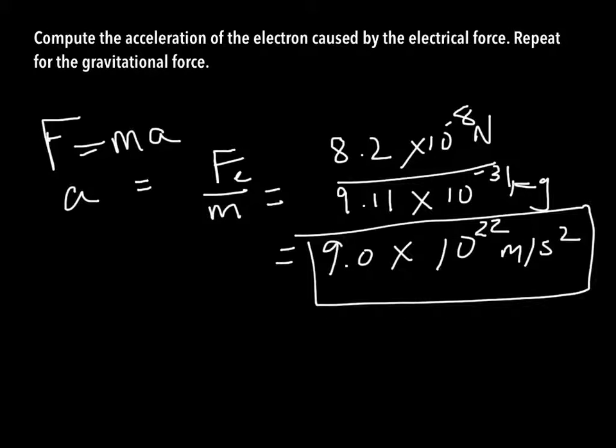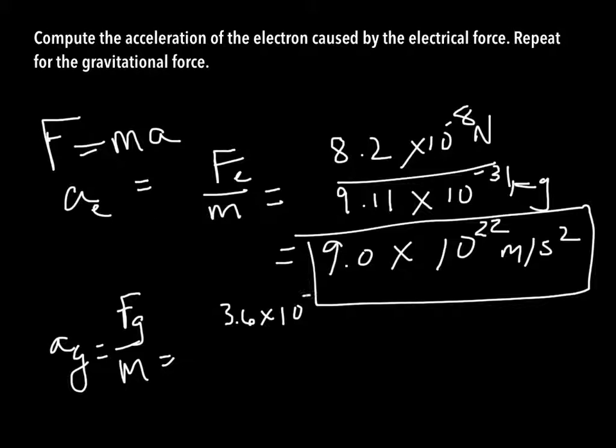And then we'll use the gravitational force to see what that acceleration would be. Same thing here. This one was the electrical force, so here we're going to go for the gravitational force. So Fg divided by the mass, and the force was 3.6 times 10 to the minus 47 newtons, carrying over from the prior answer, over the mass of the electron, 9.11 times 10 to the minus 31 kilograms.